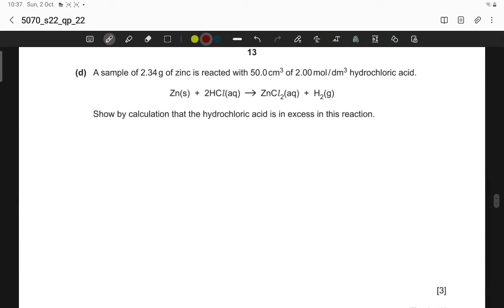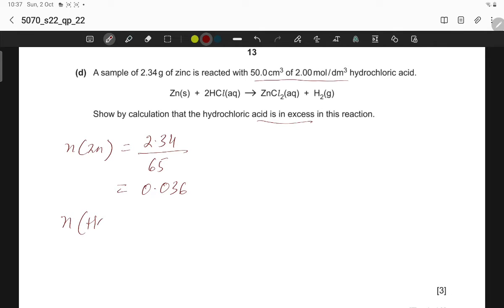A sample of 2.34 gram zinc is reacted with 50 centimeter cube hydrochloric acid. Show by calculation that the hydrochloric acid is in excess. So first calculate the mole of zinc. Mole of zinc is equal to 2.34 divided by 65. The mole of zinc is 0.036, and then mole of HCl.